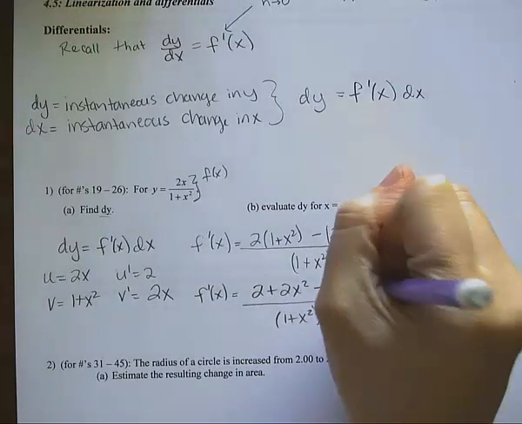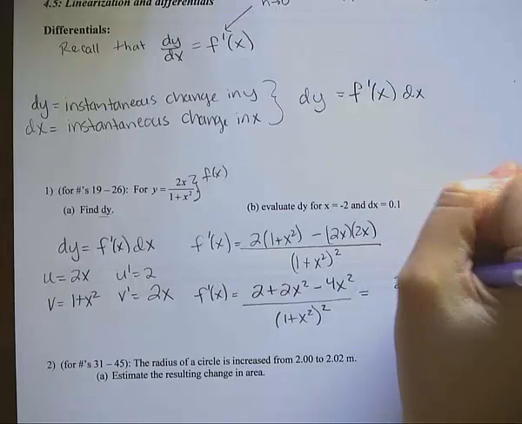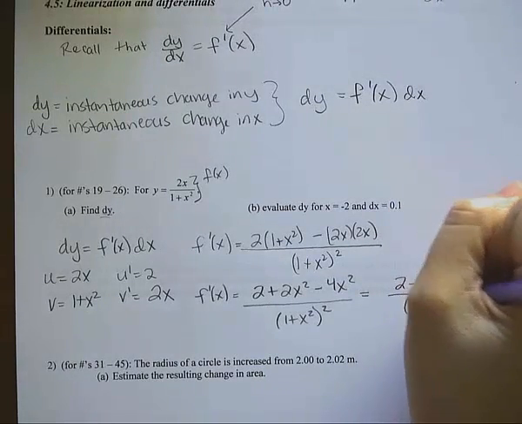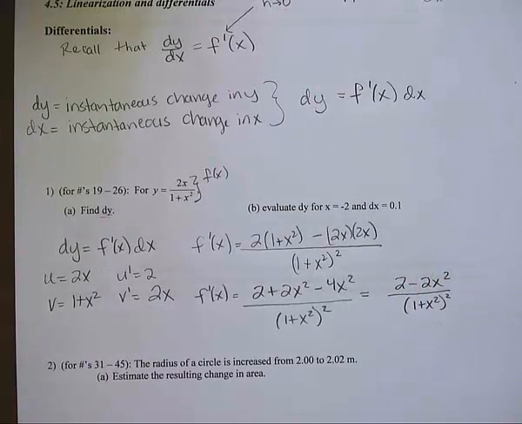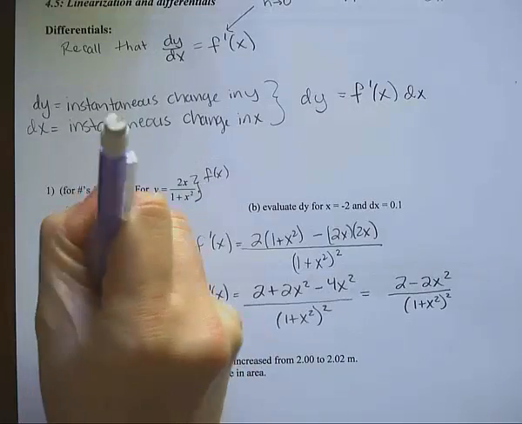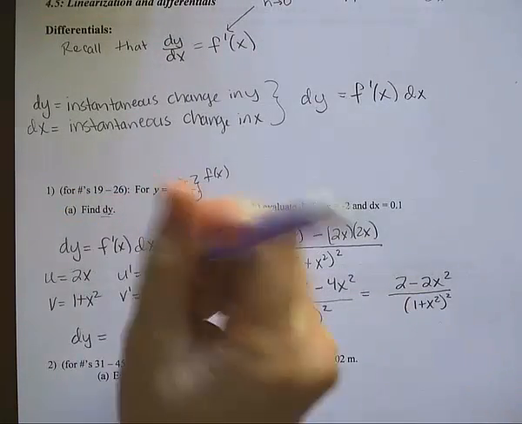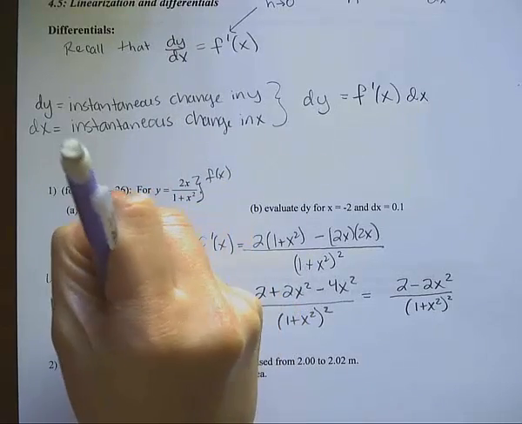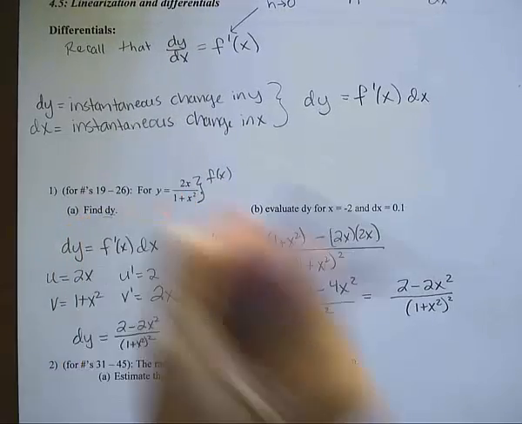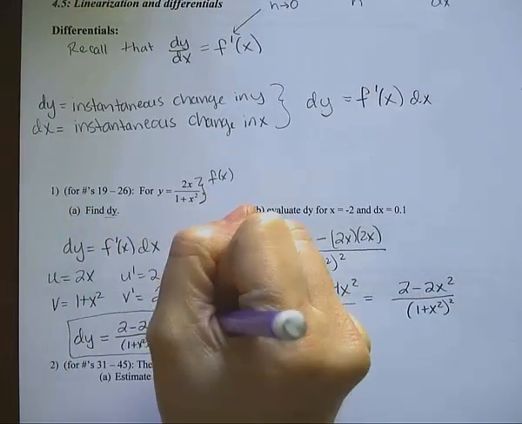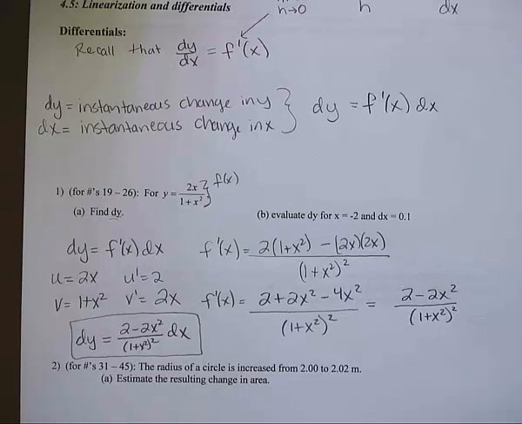Further simplifying leads to 2 minus 2x squared all over 1 plus x squared, squared. So dy, to answer part A, is equal to this expression times dx. And that right there would be our answer to part A.